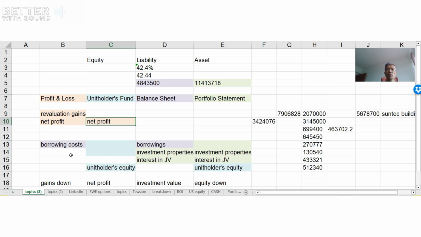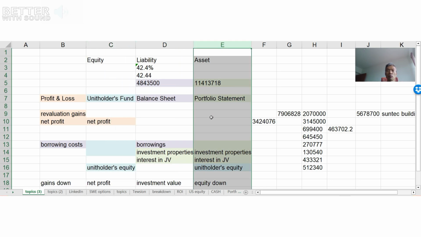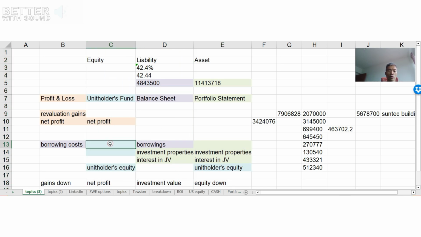What's the significance? From column C, D, and E, this is where the balance sheets will all come in, so that's why I also wanted to bring this up. Now if I move these components upwards, you see that from net profit, it impacts the unit holders equity.